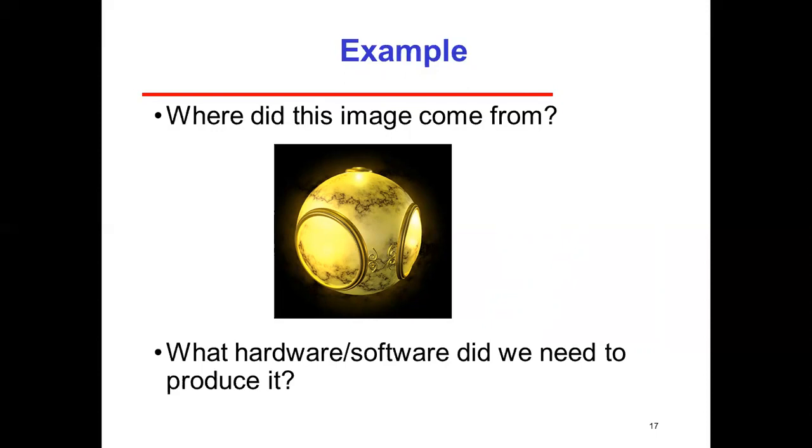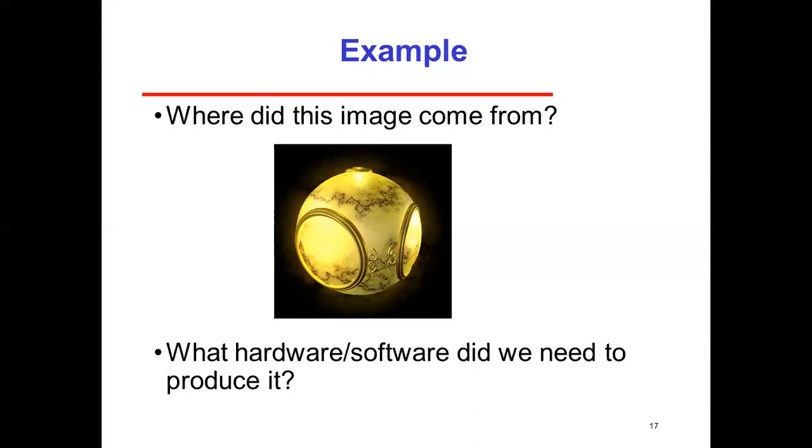Hardware means we must have hardware to run the software. And what type of software is needed? It is a software package which must be based on computer graphics, so that we can implement or develop the given image.